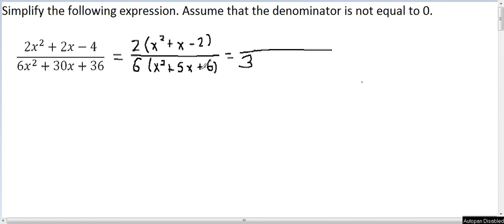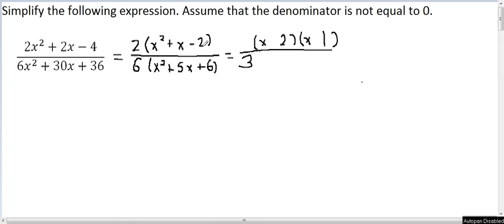Next, we'll factor the two polynomials. The polynomial in the numerator, x squared plus x minus 2: since the leading coefficient is 1, we know that when we factor this polynomial, we get x and x in each of the parentheses, and 2 is equal to 2 times 1.